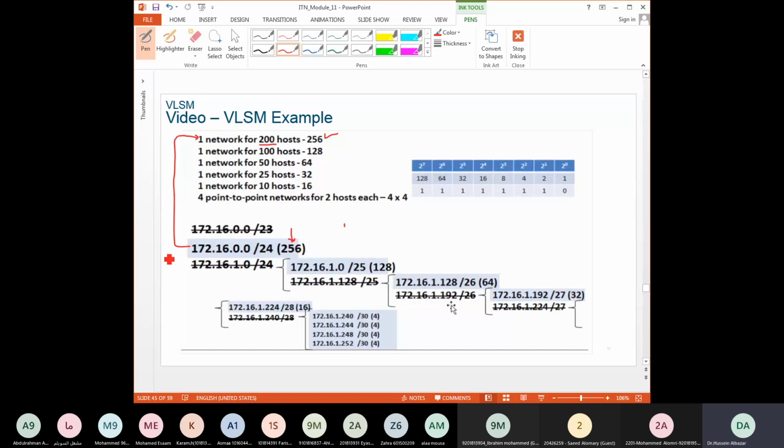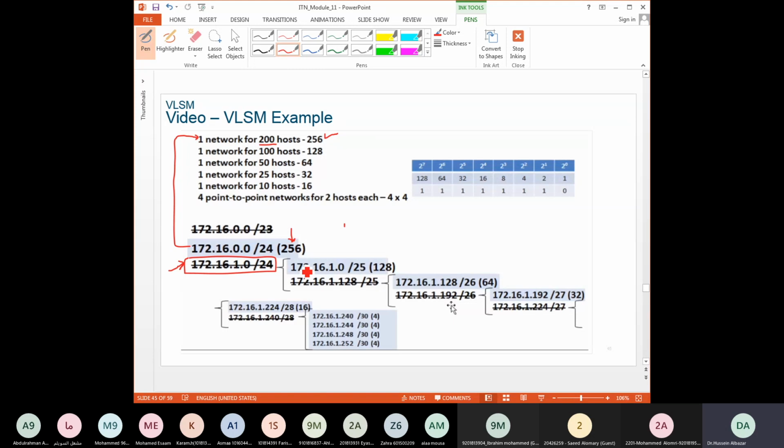Now what we will do, we will take this and subnet it into another two subnets. So from /24, sorry, we'll have a /25. We'll borrow one bit from this subnet, so we'll create two.